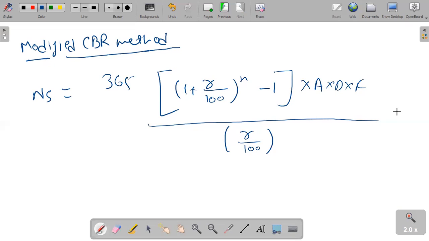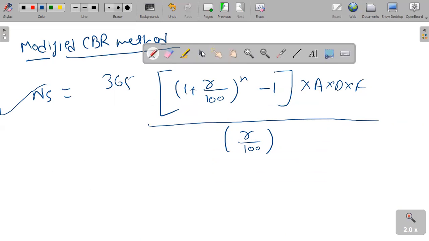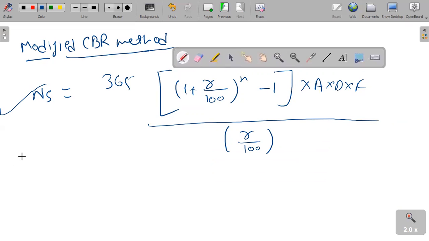This is a very important formula. There are a lot of questions from this formula. So do remember this formula.